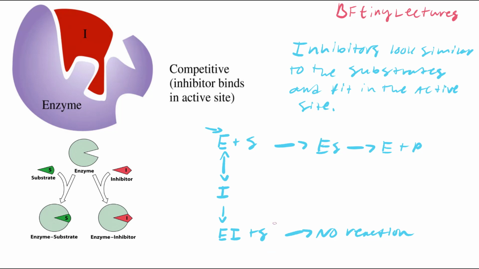But now the enzyme cannot do the reaction because its active site is being taken by the inhibitor, so there's no reaction, okay? Most pharmaceutical drugs are competitive inhibitors, okay? So they actually fight for the enzymes. They don't physically fight, they just kind of try to react faster with the enzyme than the substrate.